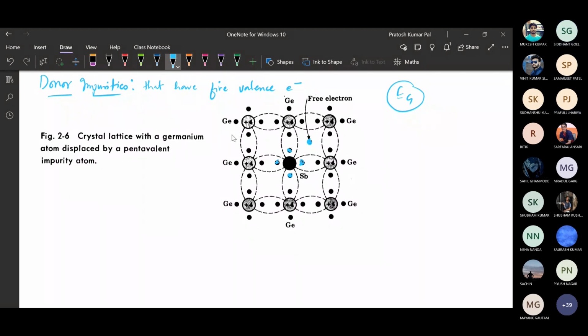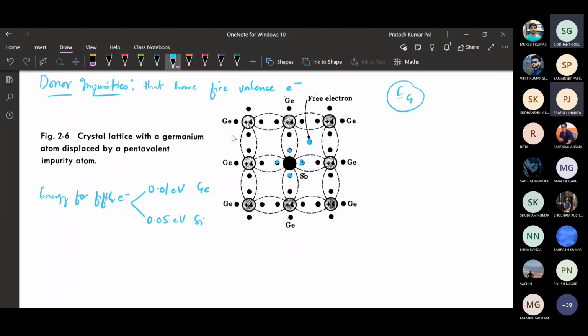The energy required for the fifth electron is around 0.01 electron volt if it is germanium. If it is silicon, it will be requiring 0.05 electron volt of energy.